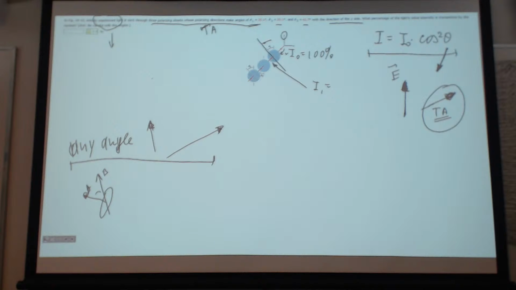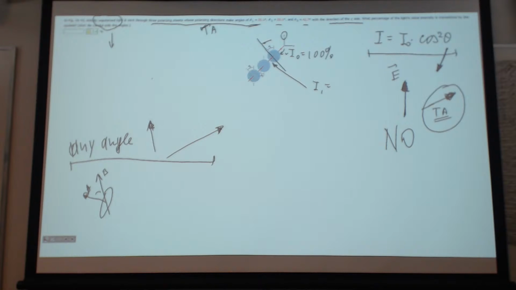Can you tell me the direction of polarization of unpolarized light? Well, no, it's not polarized. That's the answer. If you cannot tell the direction of polarization, does it exist in general? No, it doesn't exist.